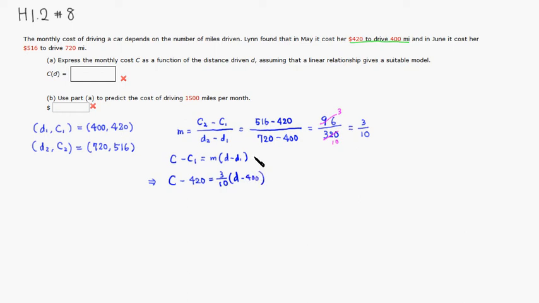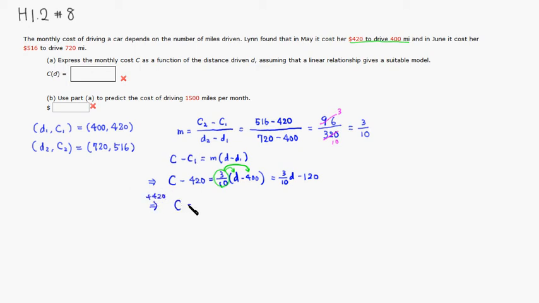Let's simplify that a little bit. I'm going to distribute 3/10 to these two terms. So we get 3/10 D minus, 400 divided by 10 is 40, times 3, so minus 120. Then we want to isolate C, so we add 420 to both sides of the equation.